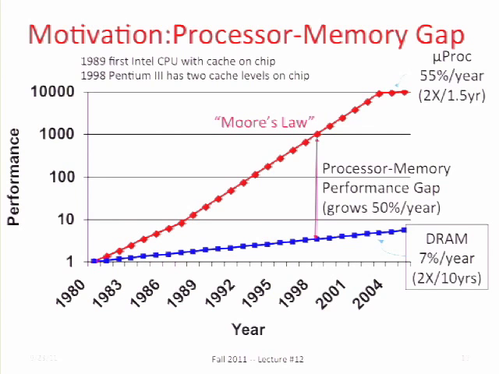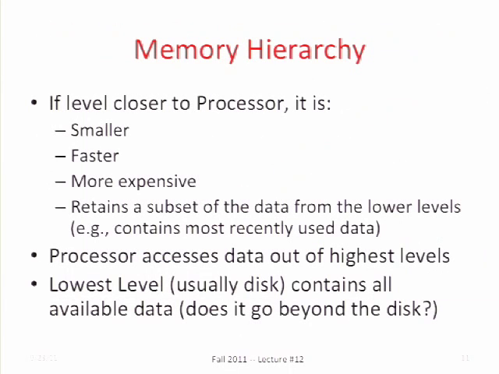Okay, so we've talked about memory hierarchies in the first class, but of course, that was a long time ago. So let's revisit that. Basically, at the top of the hierarchy, you've got things that are small and fast. As you move down that hierarchy, things get slower and bigger. Okay, and the reason for that is purely economics. If you could afford more fast memory, you'd buy more.